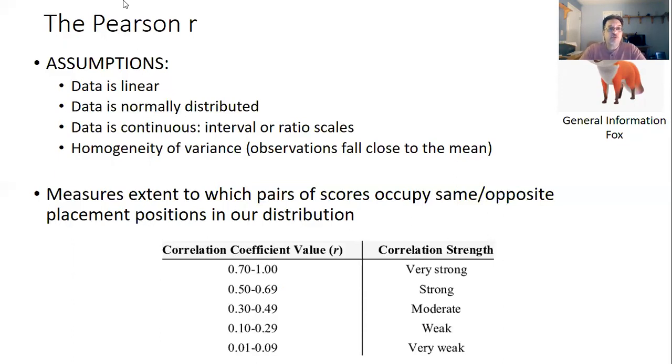The assumptions, and this is truly not just an assumption of the Pearson, it's an assumption of anything classified as a parametric statistic. Parametric statistics simply means that we are operating in a mathematical realm. We have expectations that there's a normal curve, expectations about what having a normal curve means, and expectations about how math is going to work within it.